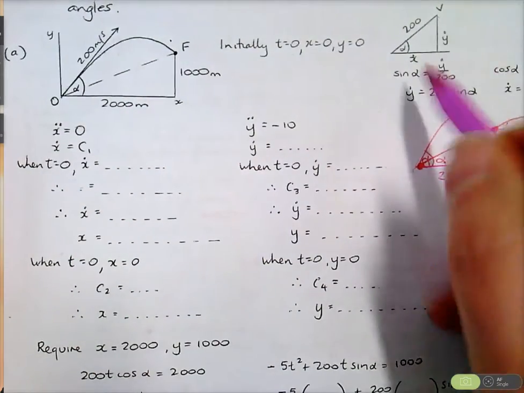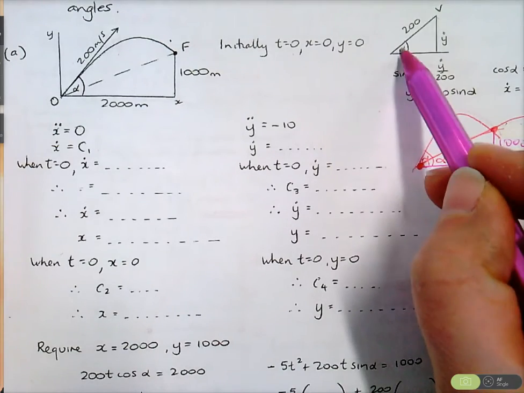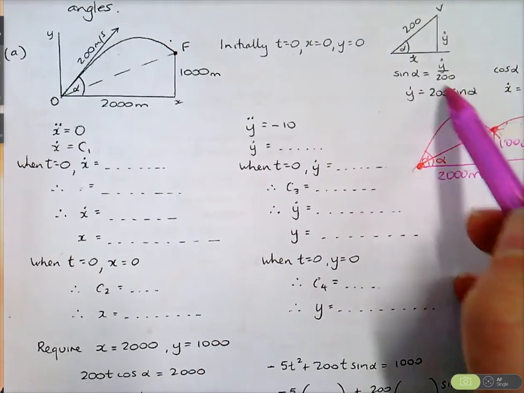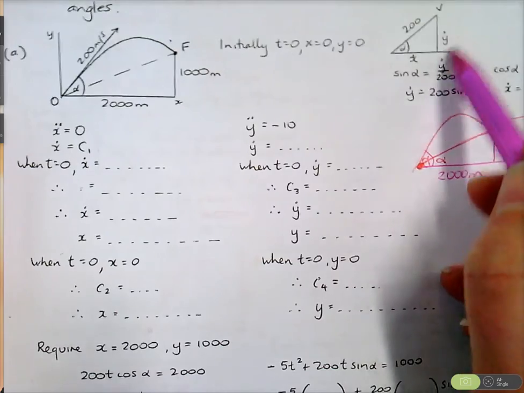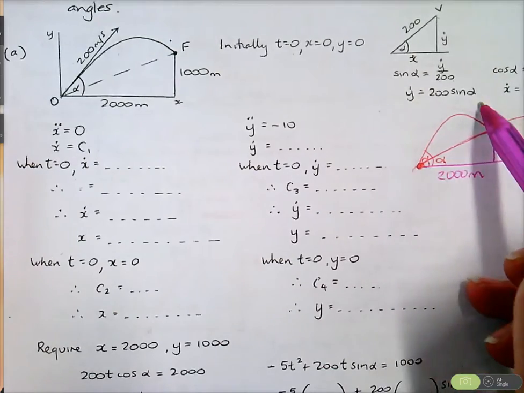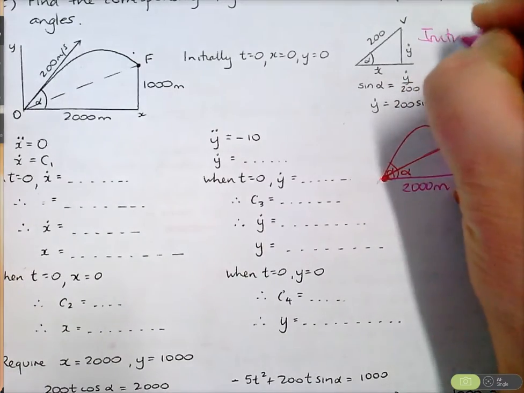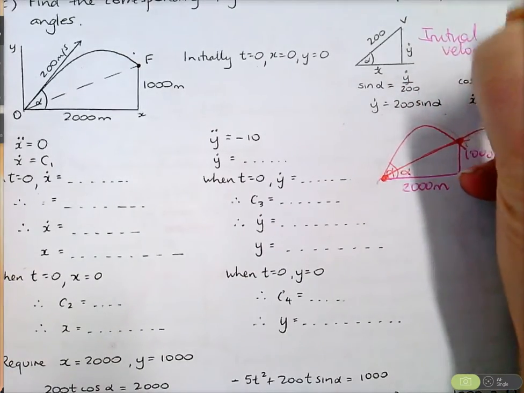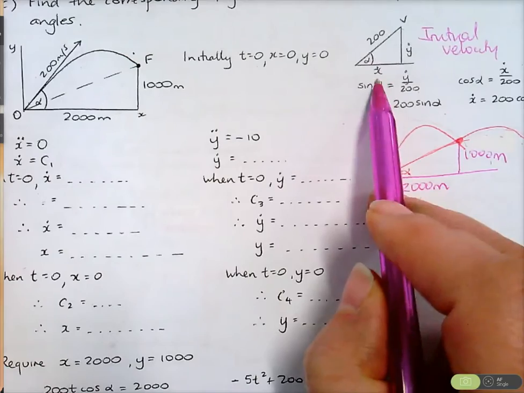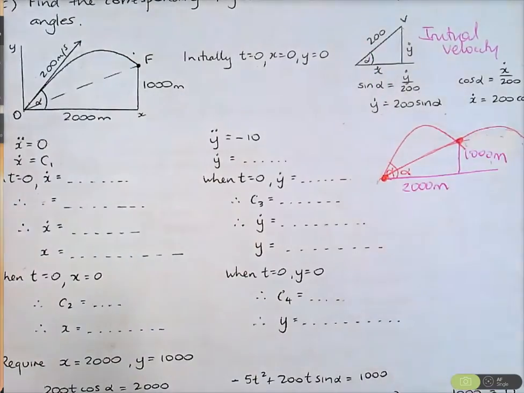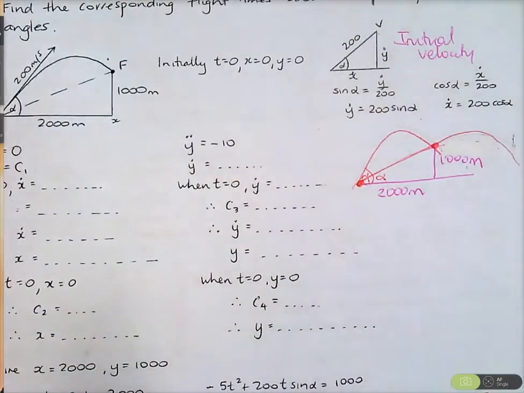What have we got? Sine of alpha is y dot on 200. Therefore, y dot is 200 sine alpha. These are our initial velocities. You have to always do this, initial velocity. Cos of alpha is x dot on 200. Therefore, x dot is 200 cos alpha.